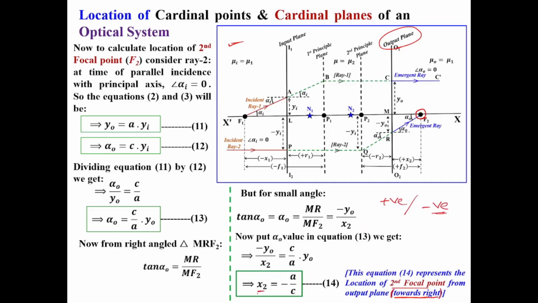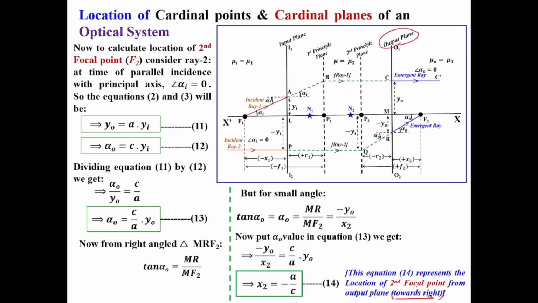Because this x2 value depends upon the a value and the c value. See here, do not bother about this negative value. This is in general expression. Whatever x2 is represented in equation number 14, it is in general. But in this figure f2 is situated right to the output plane, so I wrote towards right in bracket.